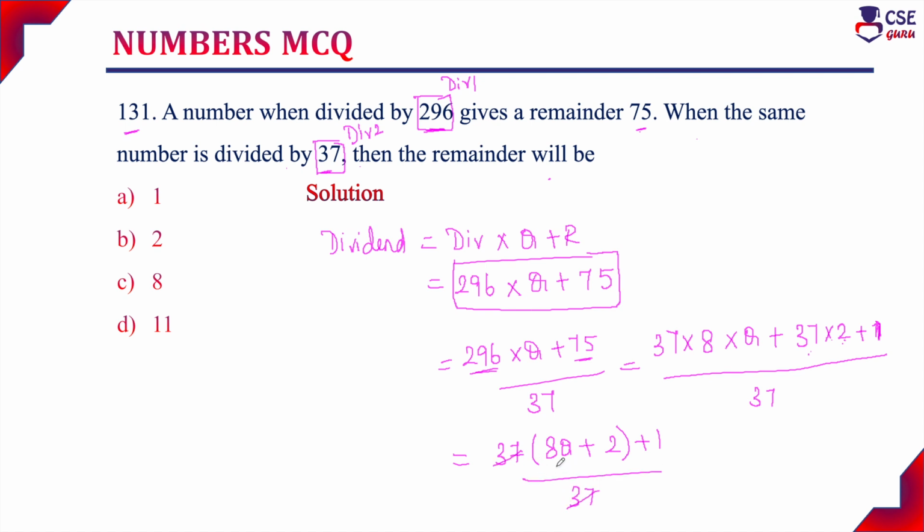So 37 we take outside: 8q plus 2, plus 1 divided by 37. So 8q plus 2 will be the quotient and the remainder is 1. So when the same number is divided by 37, we get the remainder 1. The correct answer is option A, 1.